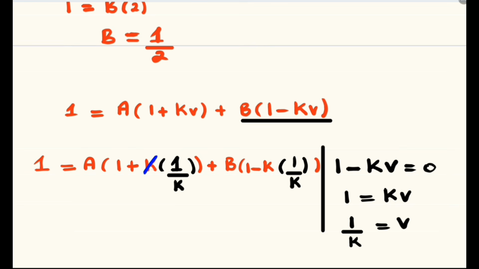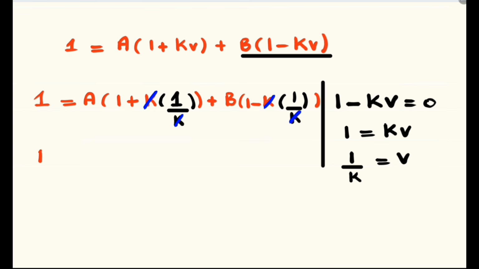The k and the k will cancel out in both terms, and 1 will be equal to a into 1 plus 1 plus b into 1 minus 1.